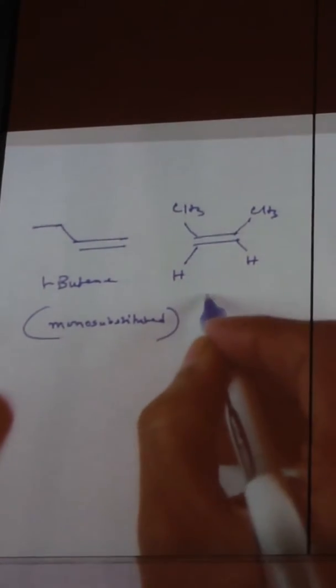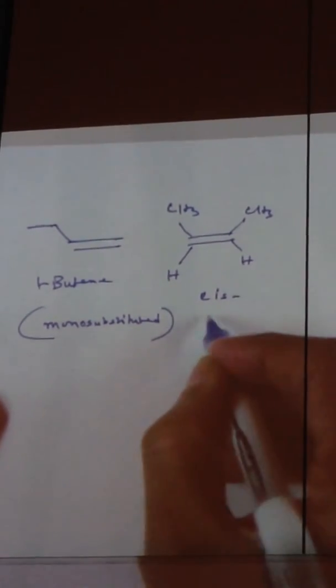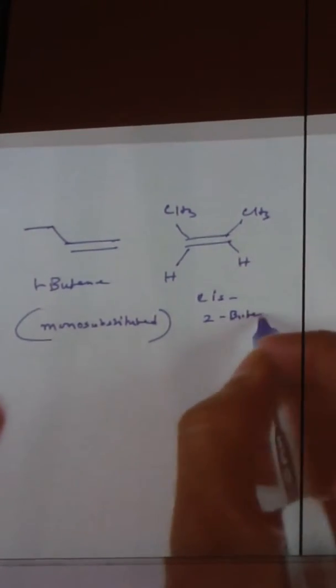Monosubstituted means you have 3 hydrogens and 1 is occupied with an alkyl group, in this case ethyl. So compare that with 2-butene, and 2-butene will have cis and trans. So 2-butene cis and 2-butene trans.